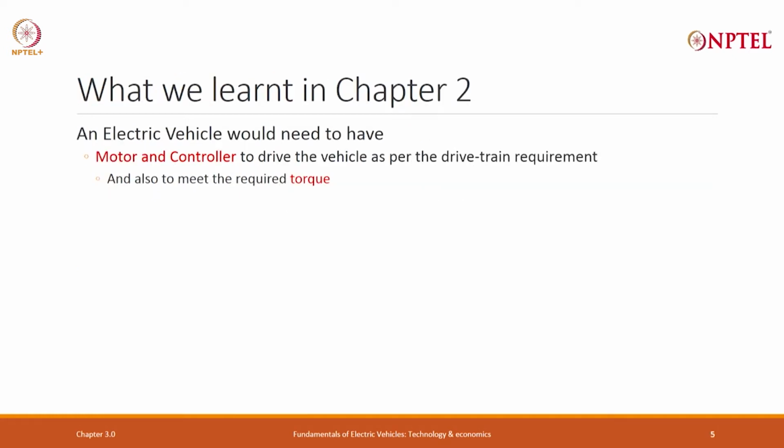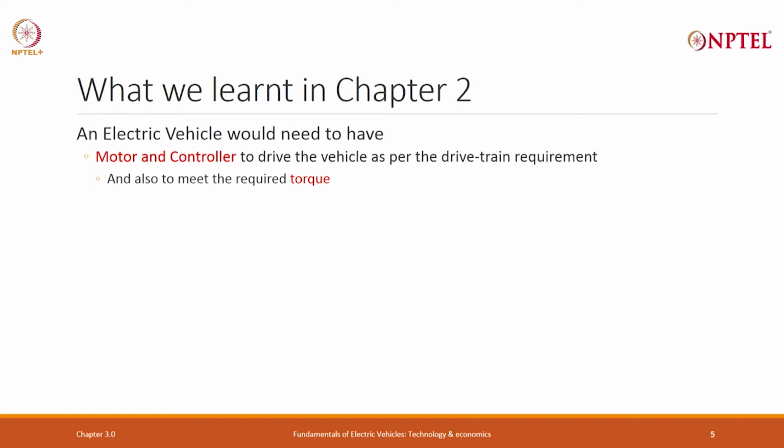Okay? Having done that, let us recollect what we learned in chapter 2. We had learned that an electric vehicle would need a motor and controller to drive a vehicle as per the drivetrain requirement. Strictly speaking, not as per the drivetrain requirement, but as per whatever the user wants, though performance will be measured as per the drivetrain requirement.